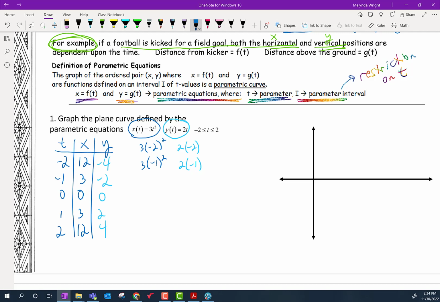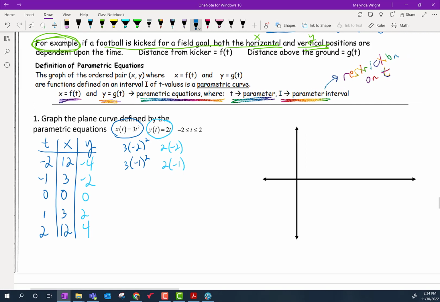So let's get an idea of what our maximum x values are. It looks like x is going all the way to 12. So I need to be sure I'm all the way to 12. What other x?